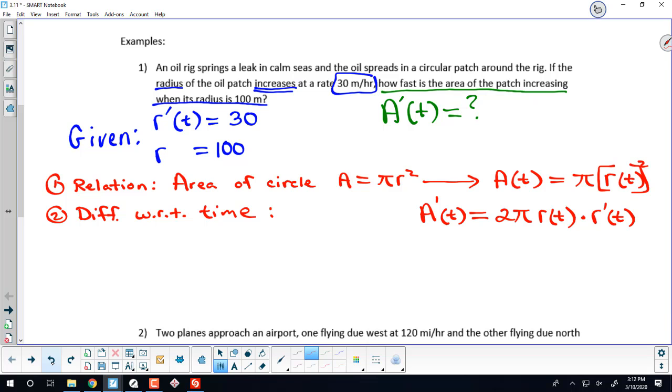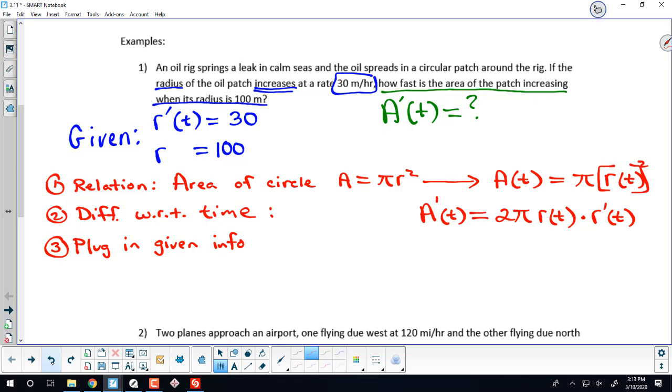So we set up a relationship, we differentiate. Now we have the rates, the derivatives, related to one another, and this is where we would plug in our variables. So you find your relationship, you differentiate it, and then you plug in what you're given. Plug in given info.